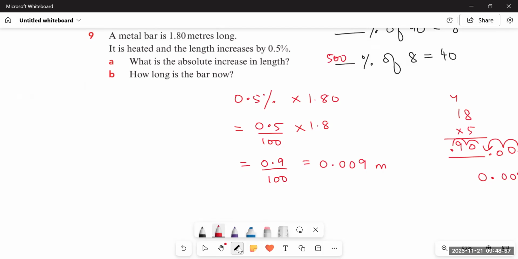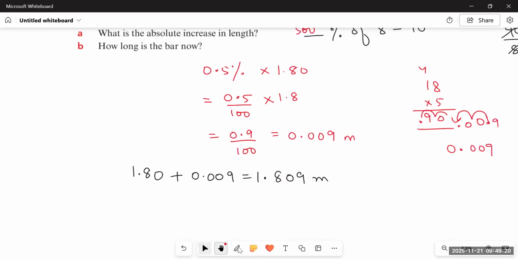Now, in the second part, it says how long is the bar now? So its length would be 1.80, the actual length, plus the absolute increase, 0.009, which would be 1.809 meters. You have already learned how to add these figures.